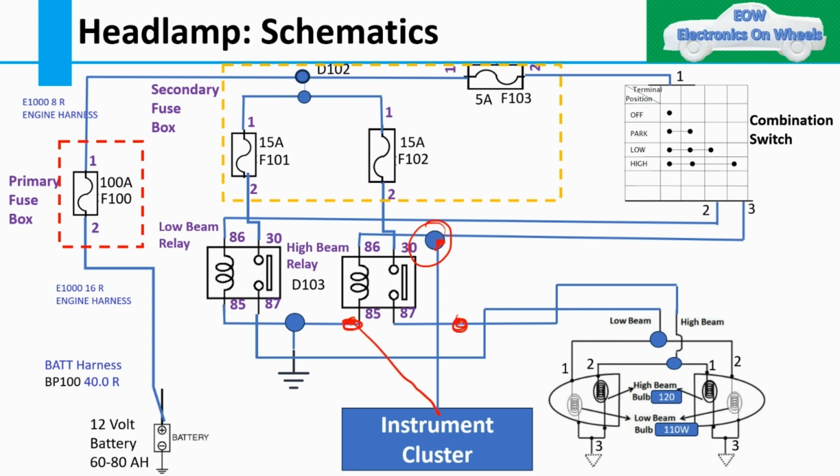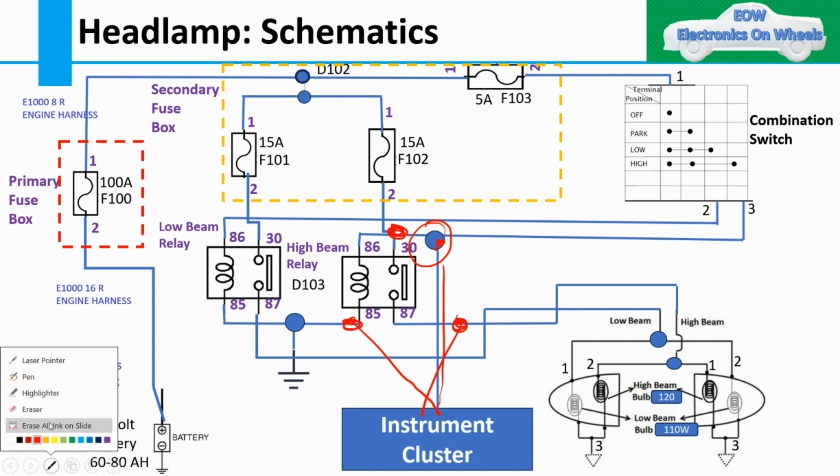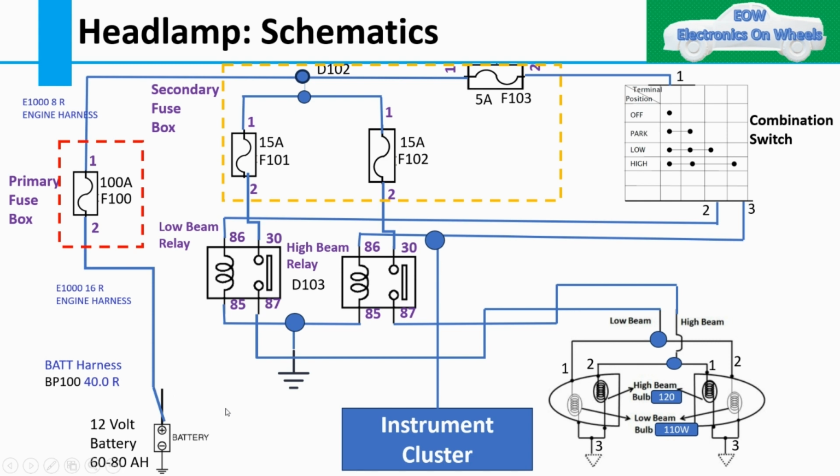Can I take this connection from here? These questions you have to think about and try to comment in the comment box, and I will try to give the answers, so your understanding will be concrete. I hope you understood the function and how it is controlling.